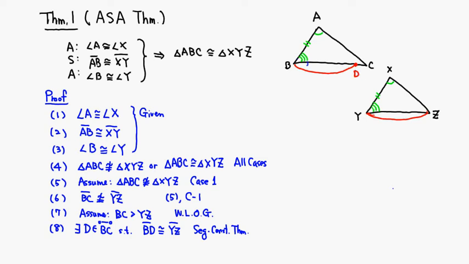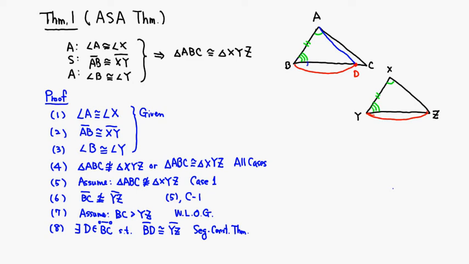Then we can just draw a segment AD here. If you look at triangles ABD and XYZ, we have side, angle, side.